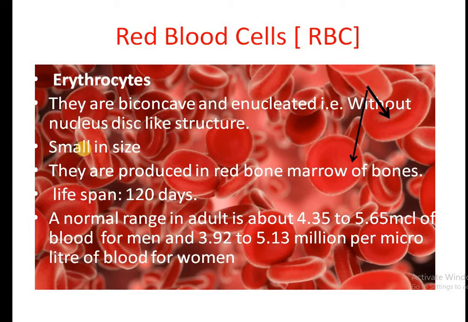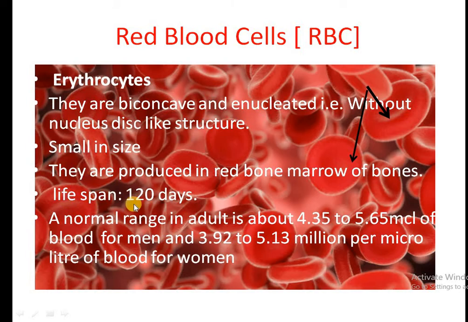Next is red blood cells. It is also known as erythrocytes. Here you see in the picture, it is biconcave and enucleated. That means the nucleus is absent in RBCs of man. The size is smaller compared with our WBCs and they are produced in the bone marrow.